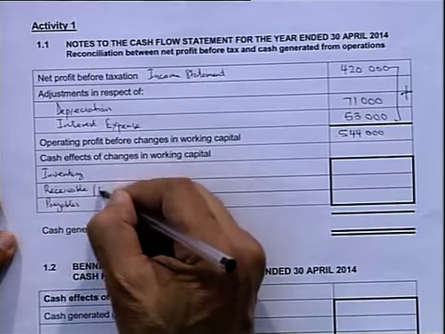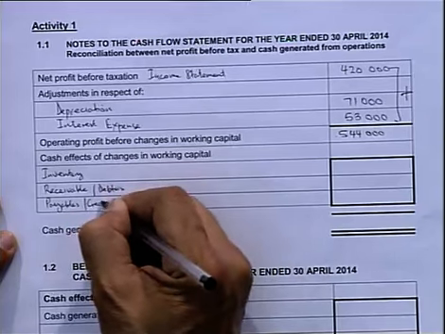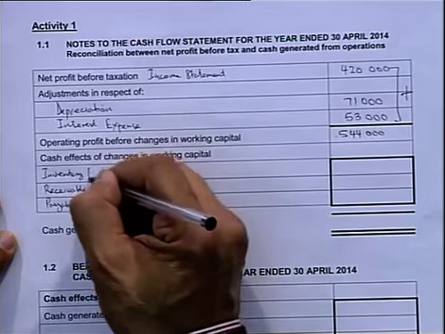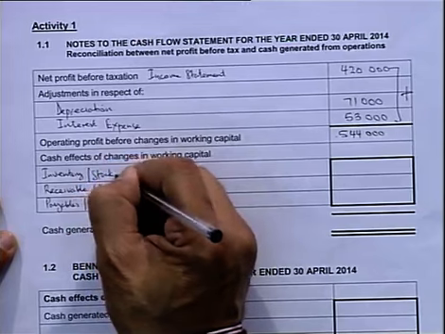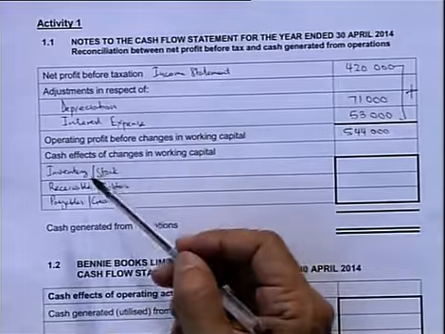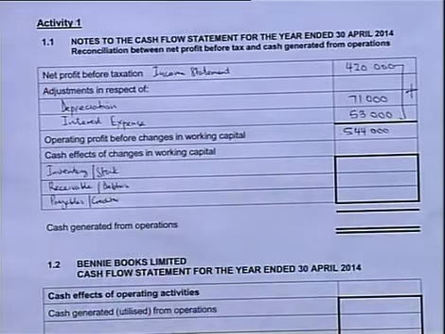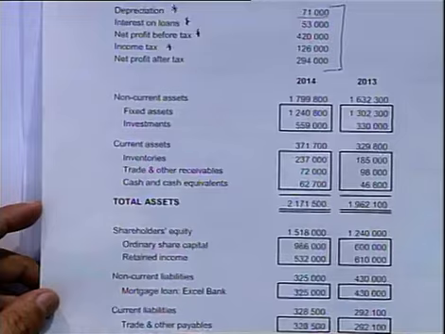We can also call it debtors, creditors, and the first one is stock. Okay. So inventory, receivables, and payables, those are all balance sheet items. So for those figures, we'll have to look at the balance sheet.